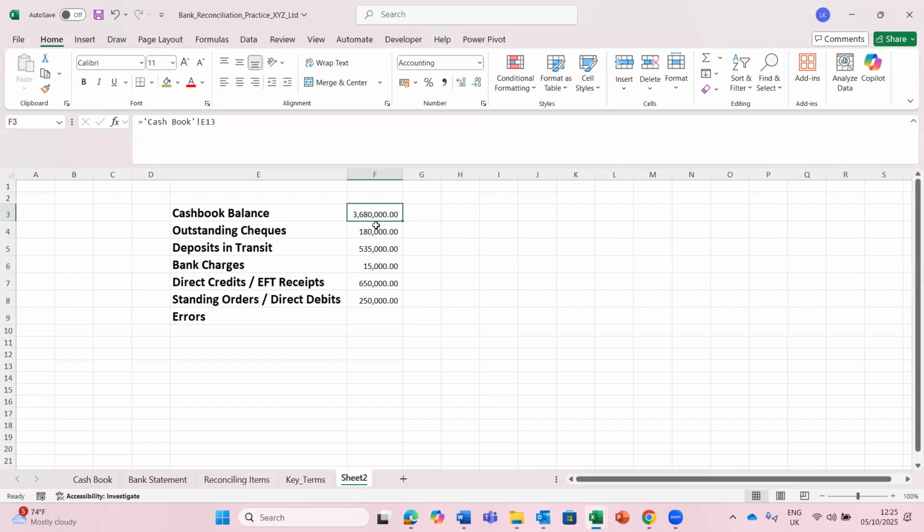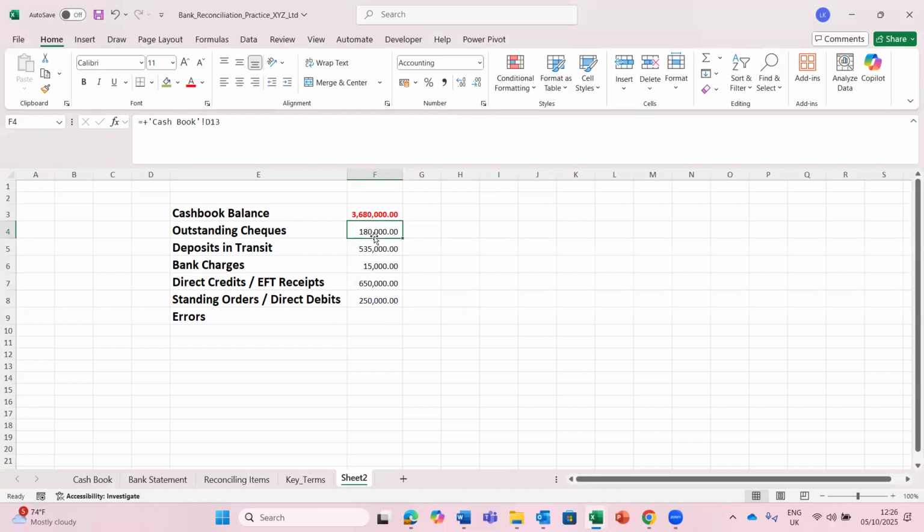Okay. So we need to manipulate these figures. For this cash book balance to agree with the statement balance, what should we do with these? For the outstanding checks, since it was already subtracted from the cash book balance, we leave it like that.